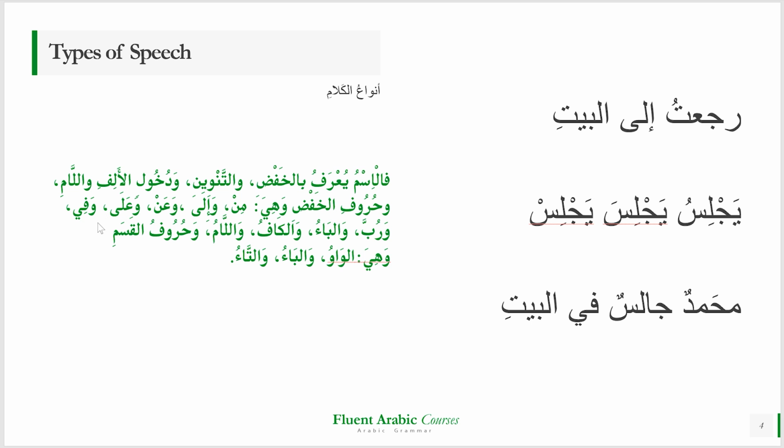Now you might tell me, Ya Ustad, هذا شيء بسيط. It's very easy. This is a simple matter. We know which ones are the nouns, which ones are the particles, and which ones are the verbs. رجعت, raja is a verb, tu is an attached pronoun, ila is a harf.